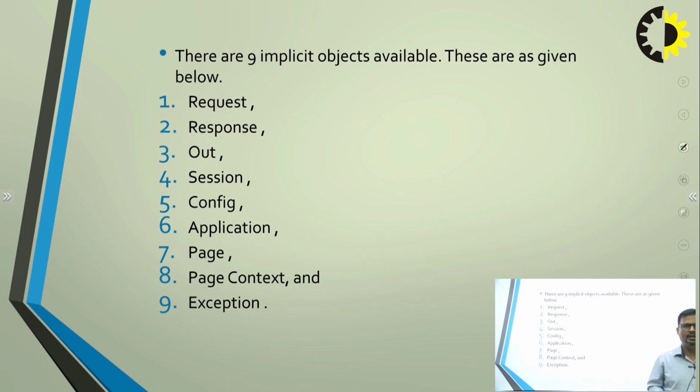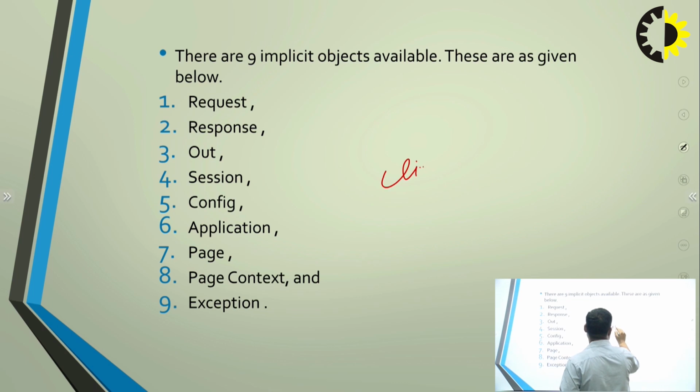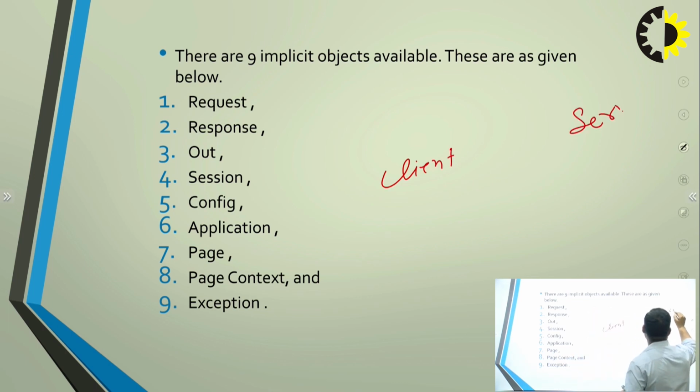Then here there are 9 implicit object variables, these are given below. First request, second response. Suppose this is the client, one person, and this is the server. Okay.